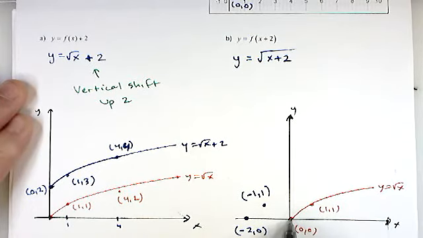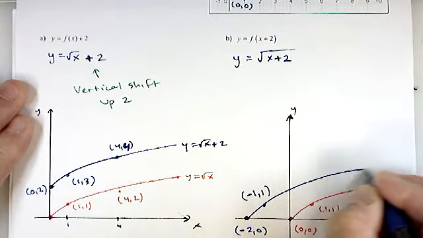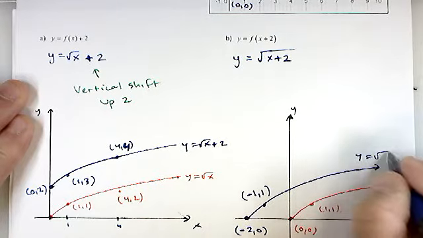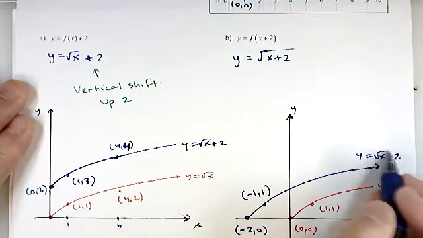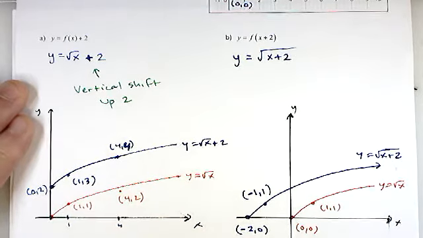And we can start to see what's happening is instead of starting at (0, 0), it starts at (-2, 0). And my next point, x is 1, y is 1. Well, now x is -1, y is 1. So what's happening is it's moving all of my points from my base graph to the left by 2 units. We can certainly find some other points, but that's just my base graph shifted to the left by 2 units.